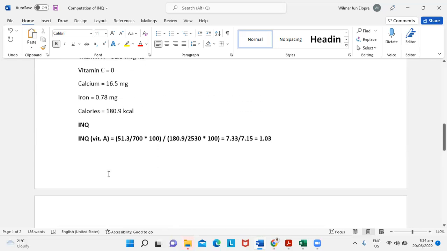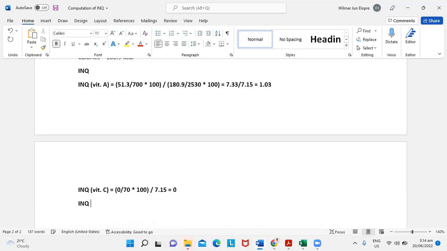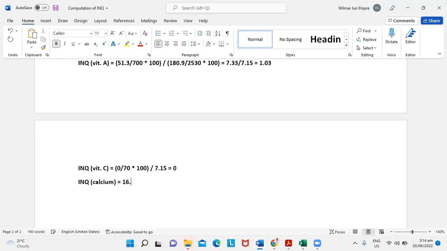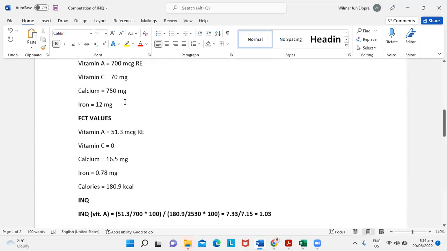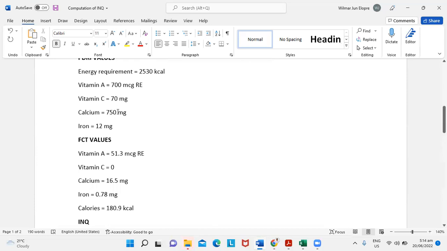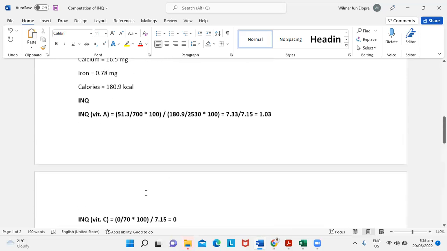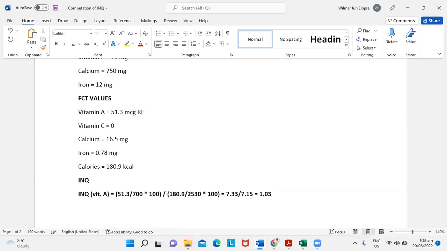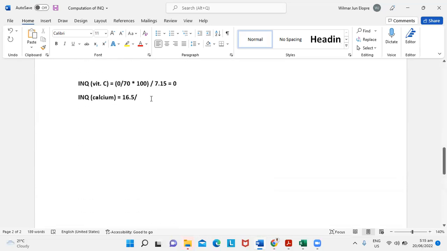So next is calcium. 16.5 divided by the RNI for calcium, which is 750. Okay.